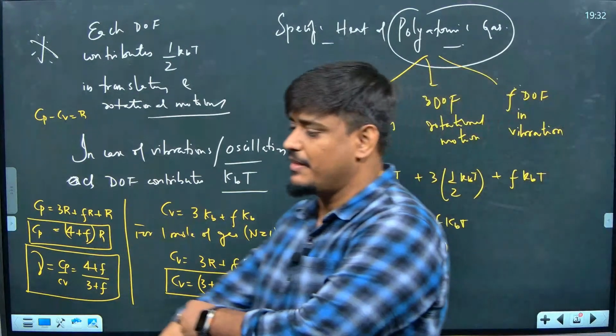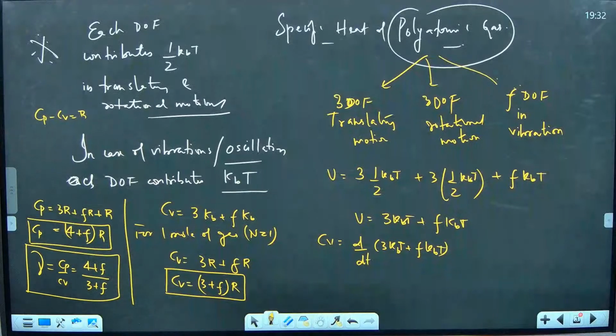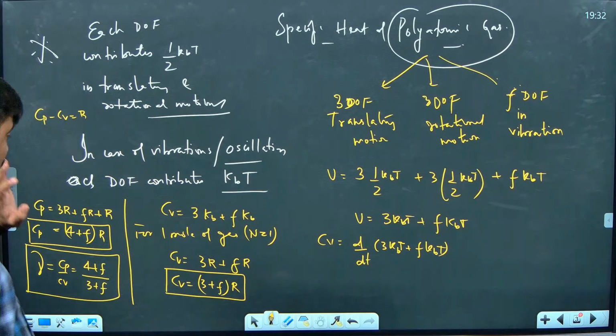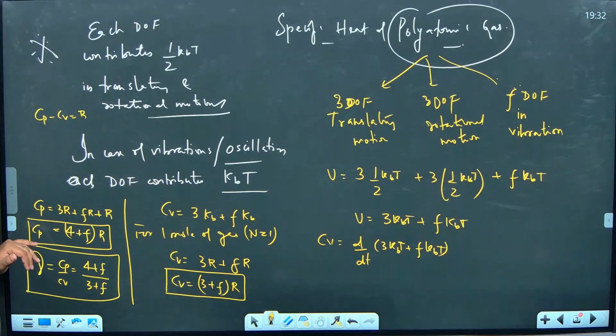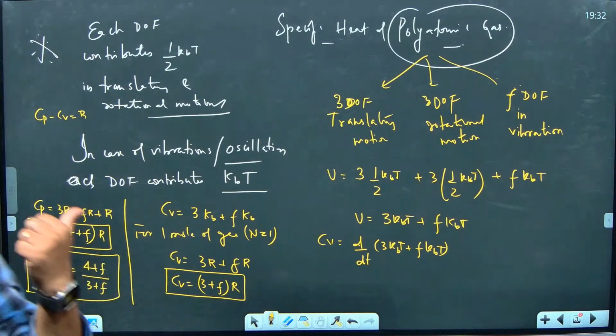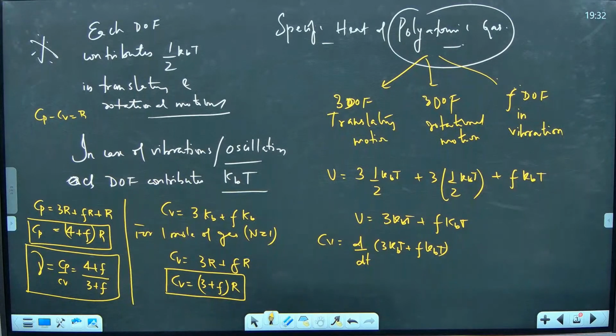That is not degrees of freedom, it is gamma, the ratio of Cp by Cv for polyatomic gas. So the value of Cp for polyatomic is (4 plus F) into R, the value of Cv for polyatomic is (3 plus F) into R, and the value of gamma is (4 plus F) by (3 plus F). If it is clear, make note of it fast, and we can include this in that table also. Copy it fast.